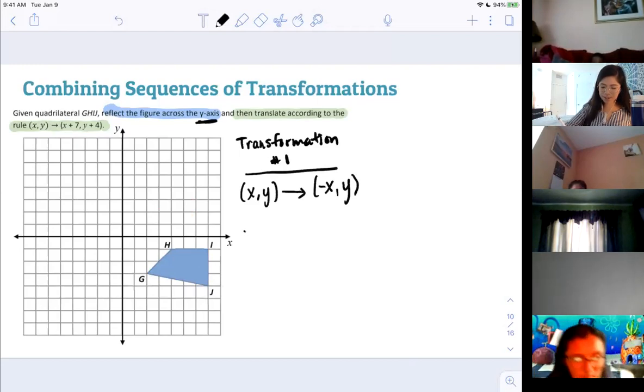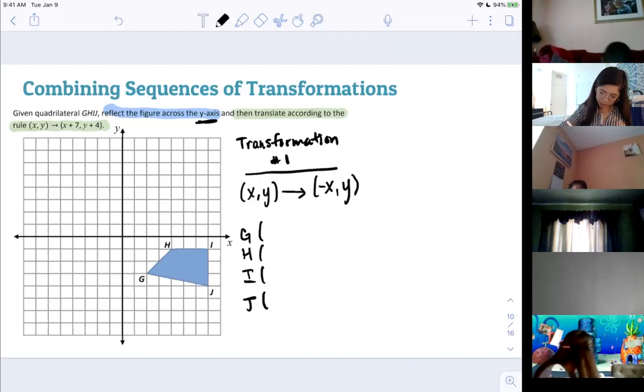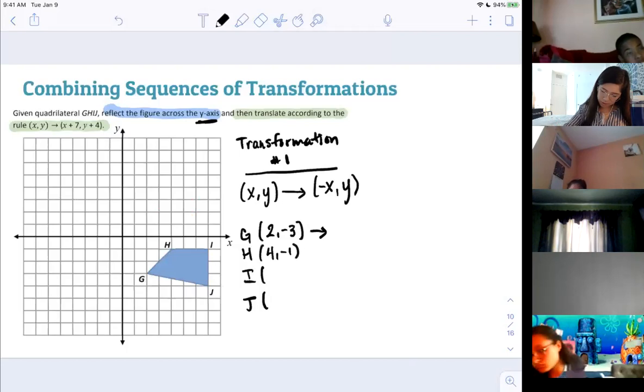All right, so G, H, I, and J. Okay, G is 2, -3. H is 4, -1. I is 7, -1. And J is 7, -4.